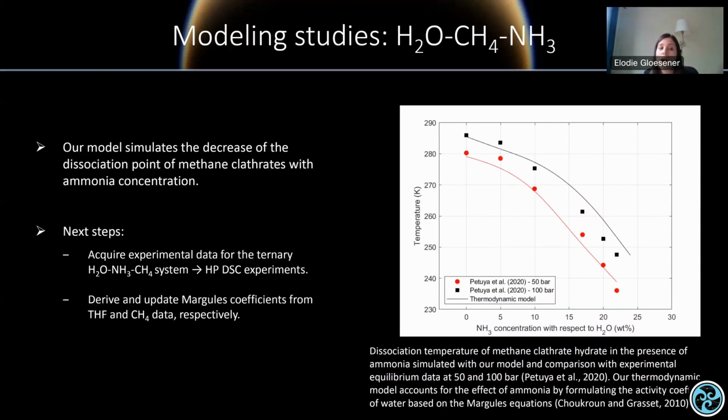You can see that our model simulates the decrease of the dissociation point of methane clathrate with ammonia concentration. But the Margules coefficients that I mentioned have been derived for the water-ammonia system, so we will need more experimental data in the ammonia-water-methane system to update those Margules coefficients. That's also the plan: to obtain more experimental data with the high pressure calorimeter.